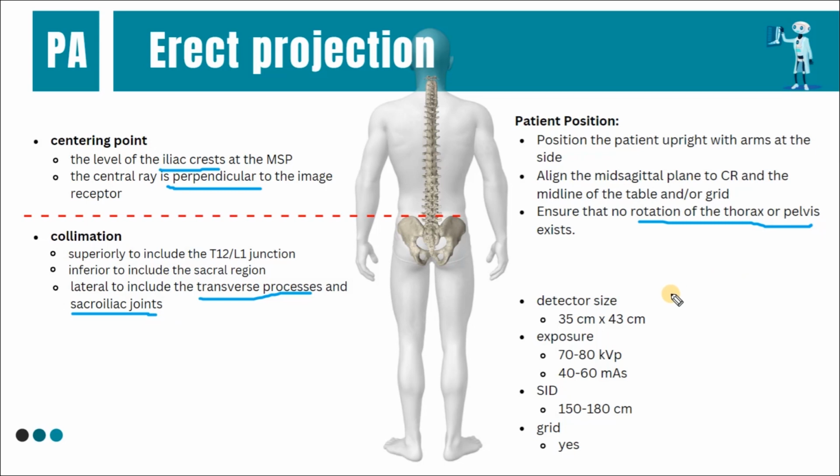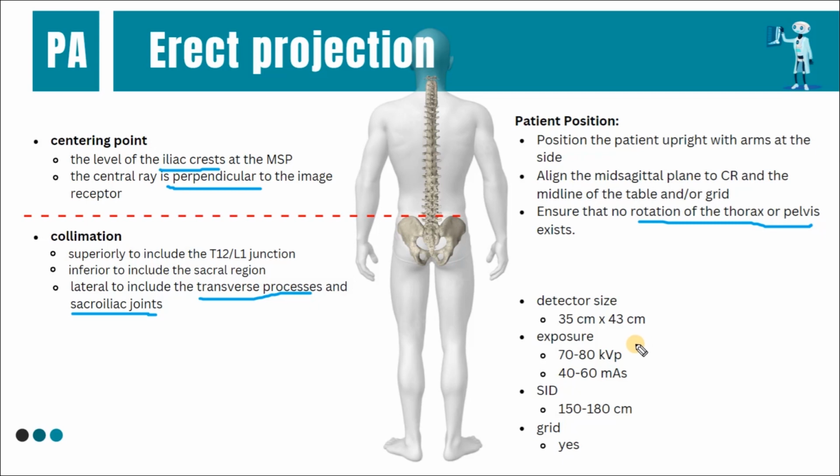Normally these days, everyone is using digital machines with the image receptor inside the table. But in case you're still using a cassette, you have to choose the vertical 35 by 43 cassette. The exposure highly depends on the patient's body habitus, whether the patient is thin or obese.